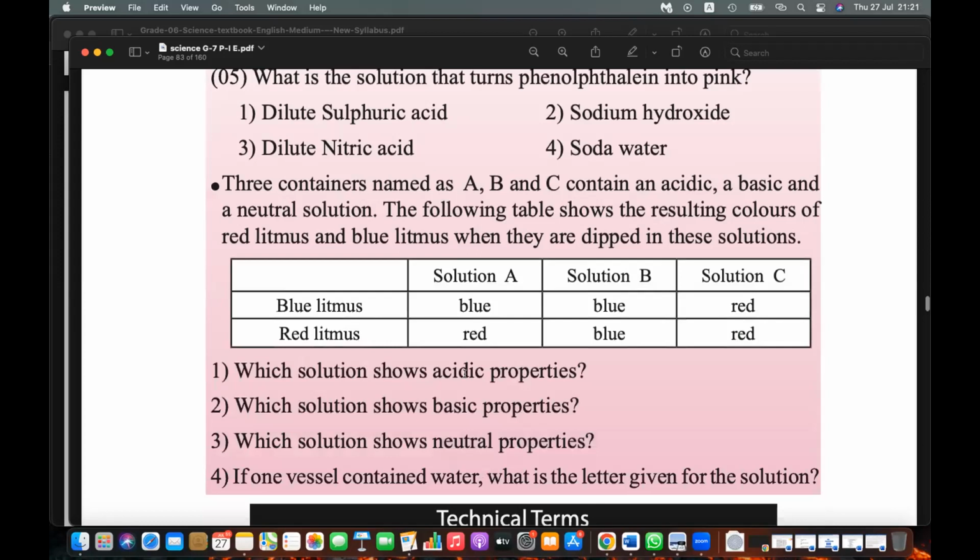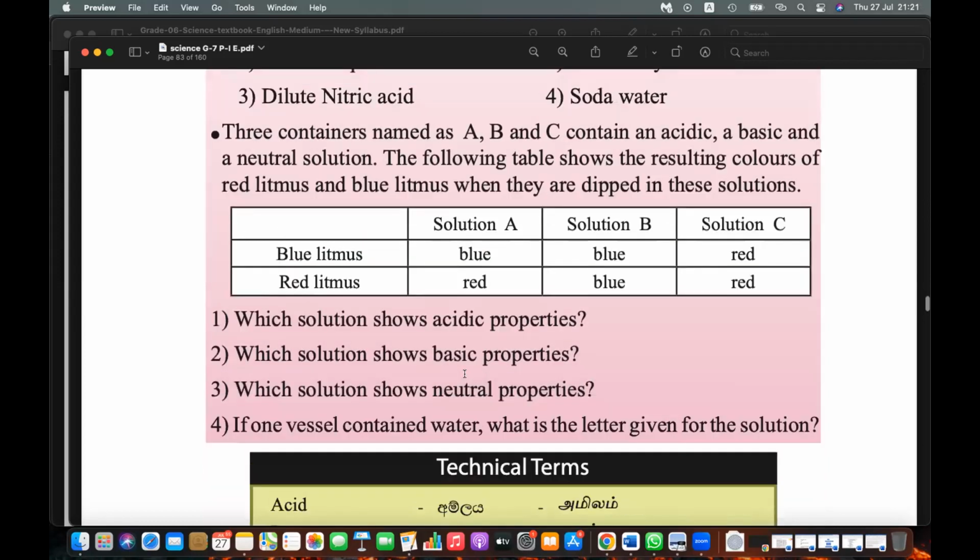Okay, the last one. Three containers named A, B, C contain an acid, a base, and a neutral solution.